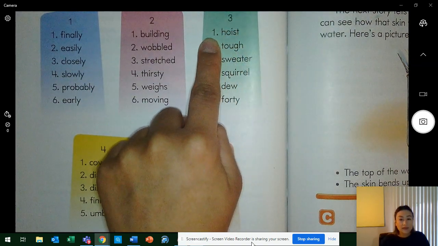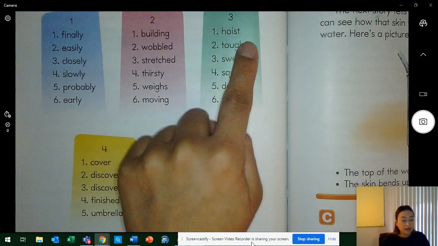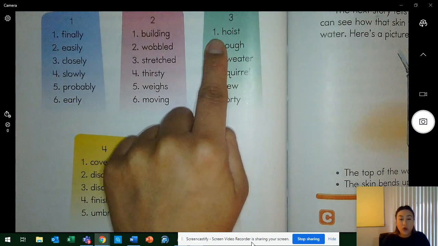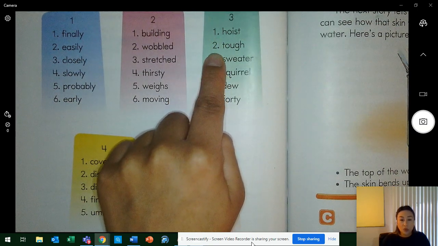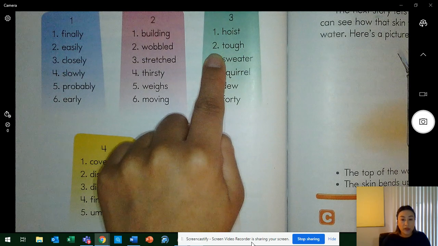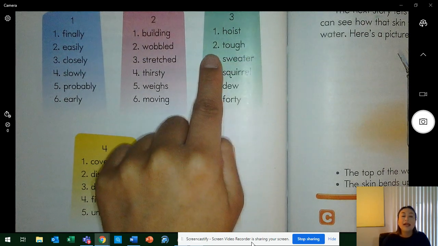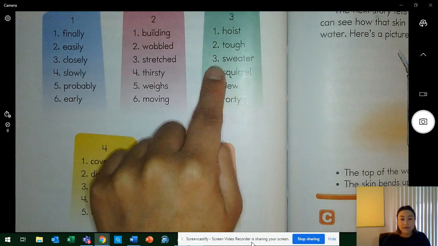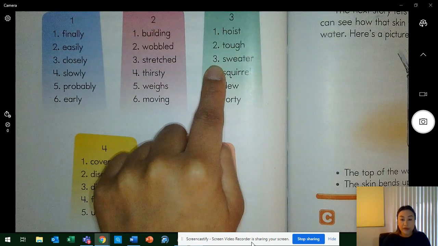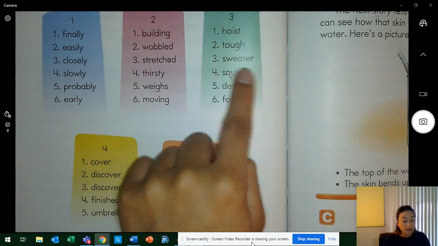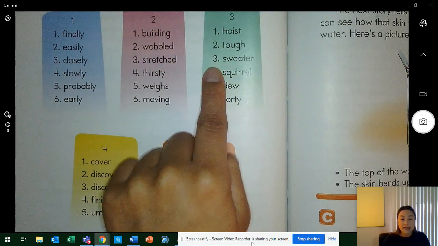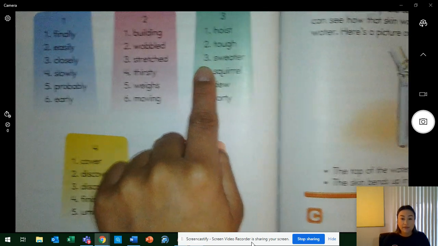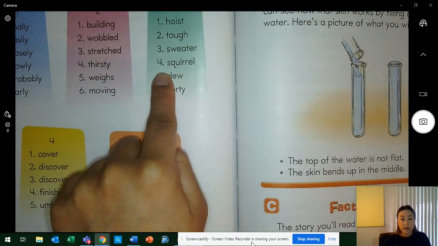Find column 3. Word 1. What word? Yes, hoist. Word 2. What word? Yes, tough. Word 3. What word? Yes, sweater. Word 4.